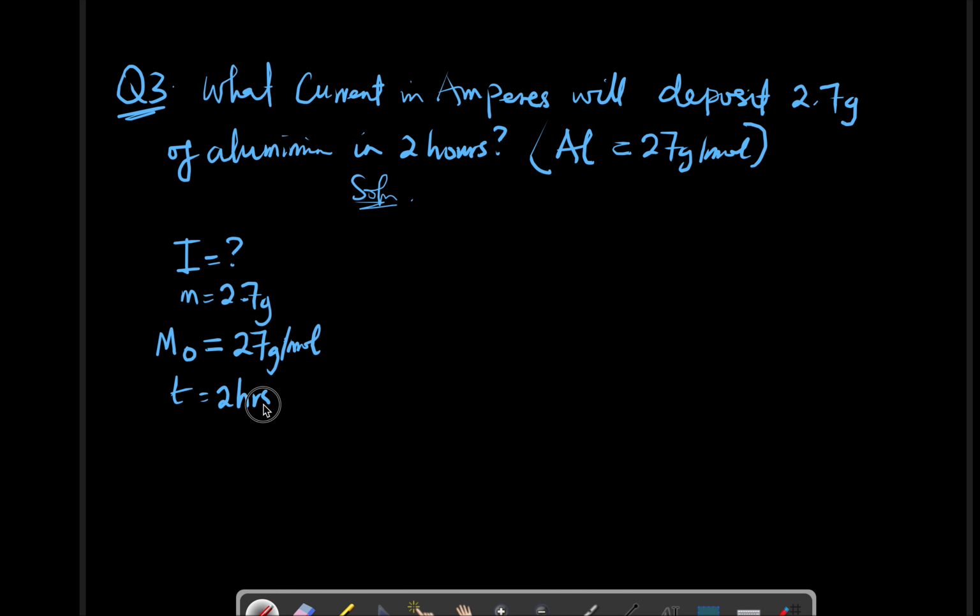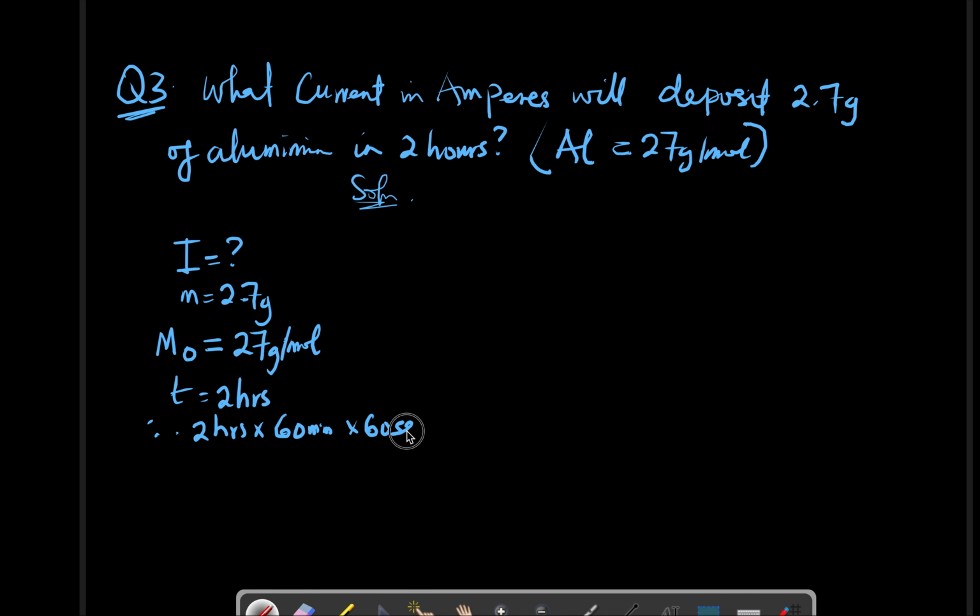Please, let's convert these 2 hours to seconds. How do we do that? It's pretty simple. The time is 2 hours times 60 minutes, because 60 minutes makes 1 hour, and 60 seconds makes 1 minute.